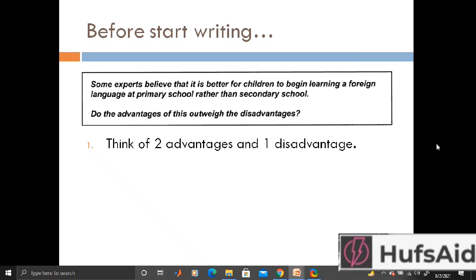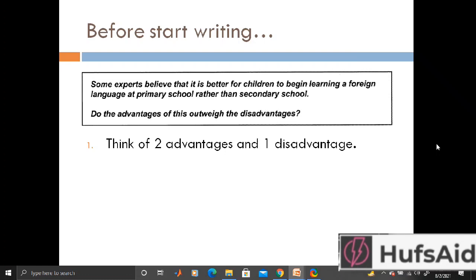If I am saying, say for example, that advantages outweigh the disadvantages, so I need to write more about the advantages. So that is why I need to discuss 2 advantages, and I'll write only 1 disadvantage, and I need to mention the disadvantage. If I write only the advantages, the answer won't be complete, or if I write only the disadvantages, the answer won't be complete.